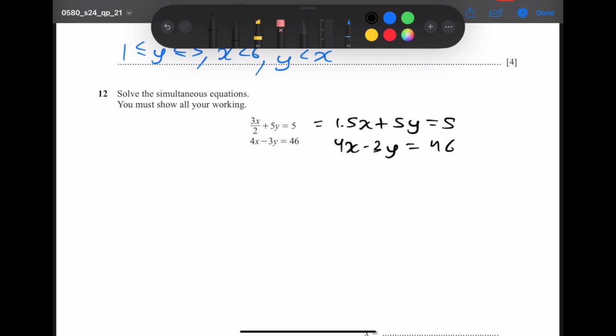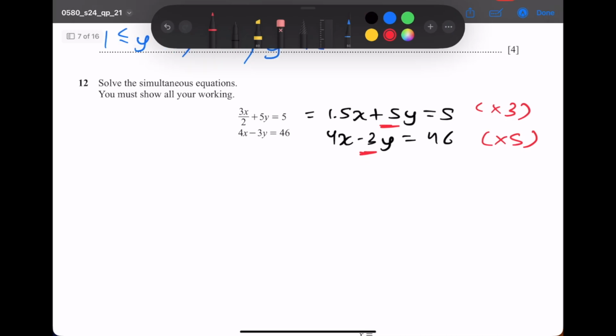If you multiply the upper equation by 3 and the lower equation by 5, this makes the coefficient of y the same as an absolute value. Since 5 times 3 is positive 15 and negative 3 times 5 is negative 15, you can use this for elimination.